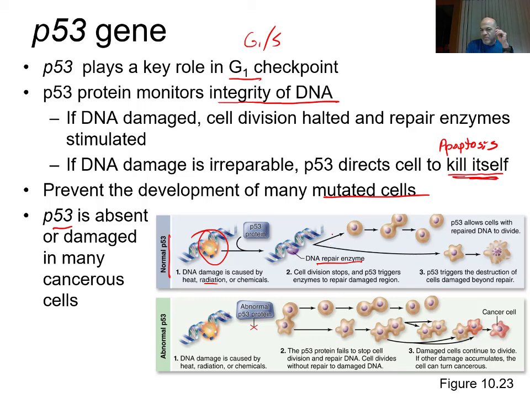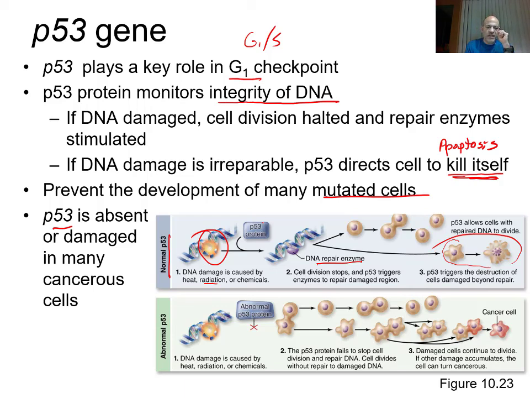If the repair is good, then the cell is allowed to continue, progress past the checkpoint, go through S, then G1, and then make new cells, and then you have a good line of cells. If the repair is no good, then we're going to activate enzymes that cause programmed cell death, so the line of cells dies.